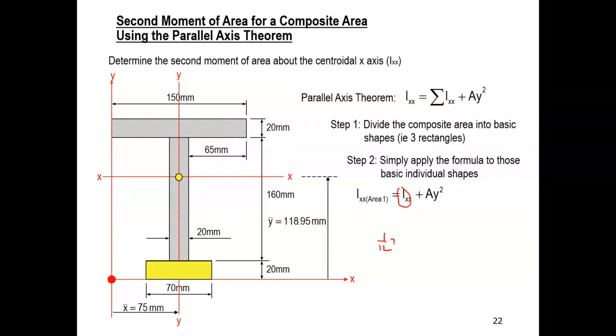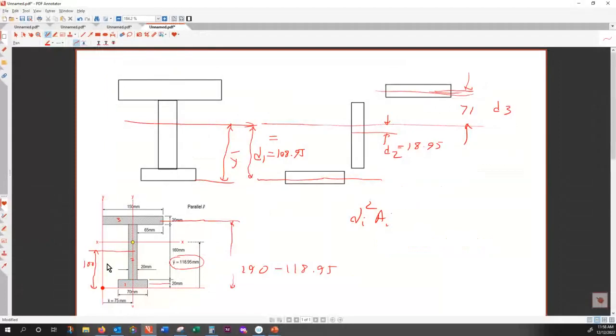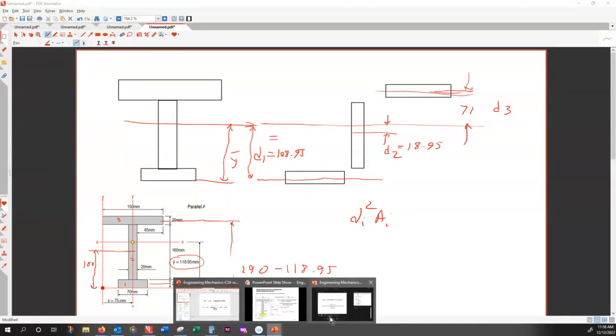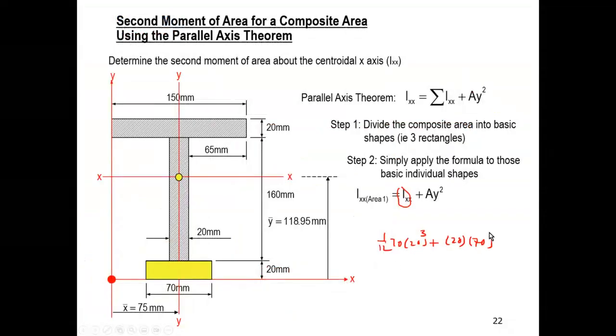B is 70 and H is 20 cubed. And then the penalty is the area, which is 20 times 70. And that is the offset. Do you remember the offset we calculated for the first shape? The offset for the first shape was 109.95. So that is squared, d1 is squared.